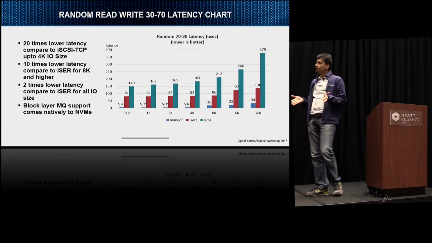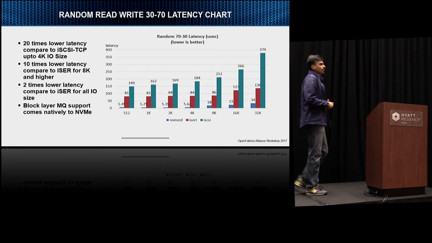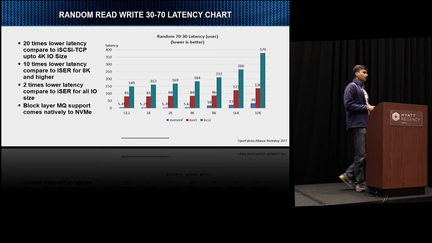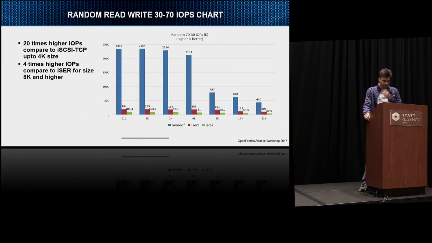When we are on 64 cores, the multi-queue implementation of the NVMe stack delivers such a low latency number, where there is no need for contention across the CPUs fighting for the queues and the locks. So this is one of the key latency parameters to consider.